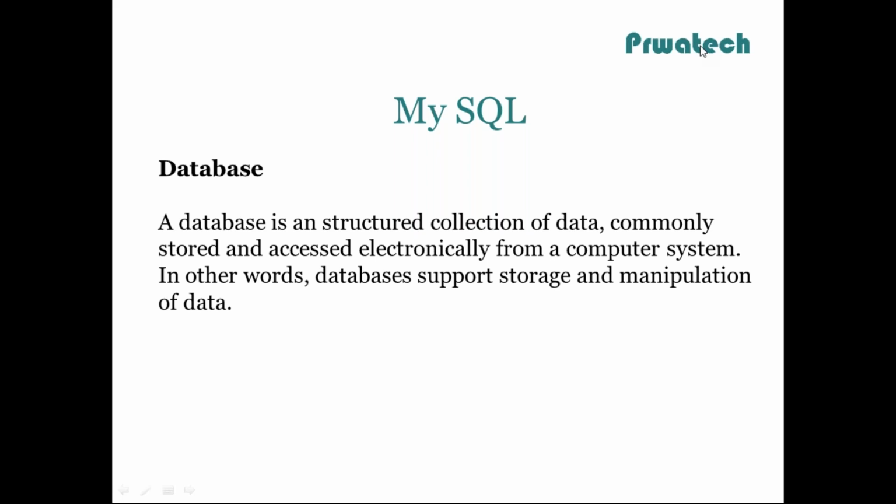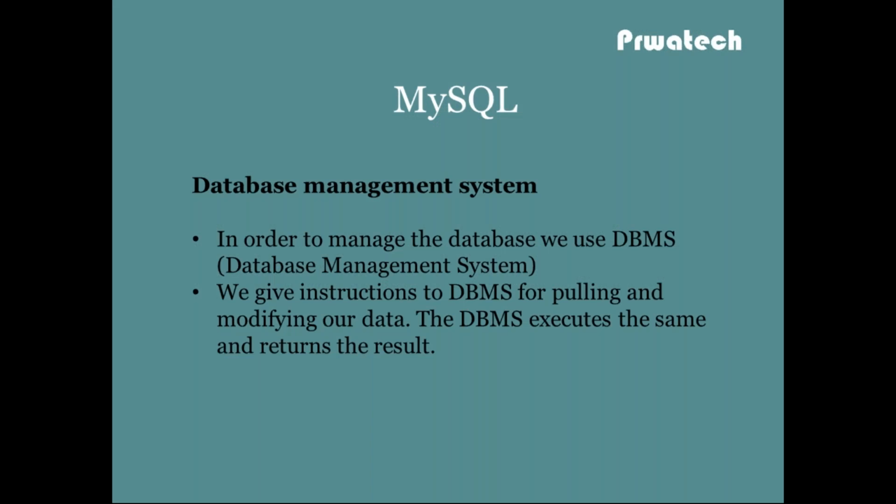In other words, databases support storage and manipulation of data. In order to manage the database, we use a database management system. We give instructions to the database management system for pulling and modifying our data. The DBMS executes the same and returns the result.